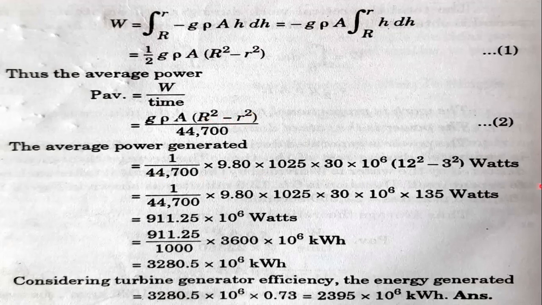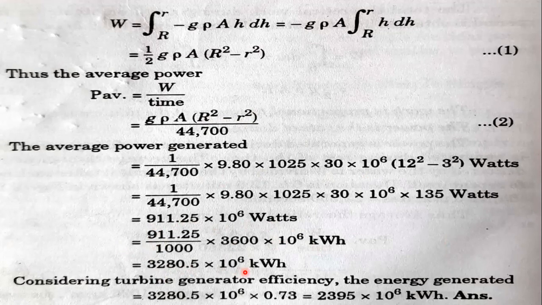If you substitute all the values, you will get 911.25 into 10 power 6 watts. If you want to convert into kilowatts, divide by 1000. So you will get 3280.5 into 10 power 6 kilowatt hours.